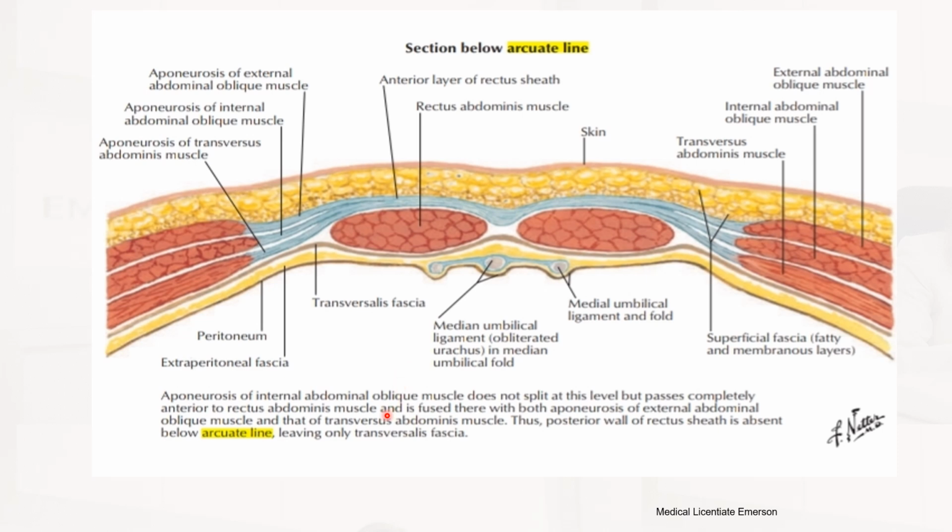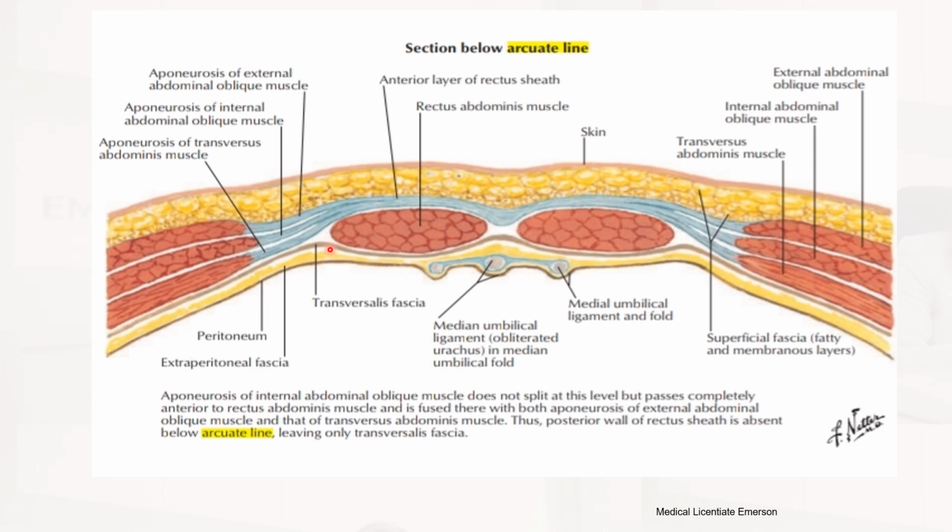Then these are the layers of the anterior abdominal wall. From the skin, below the skin is the superficial fascia, where we have the fat and the membranous layers. After that we find the muscles: the external oblique, the internal oblique, then the transversus abdominis muscle.